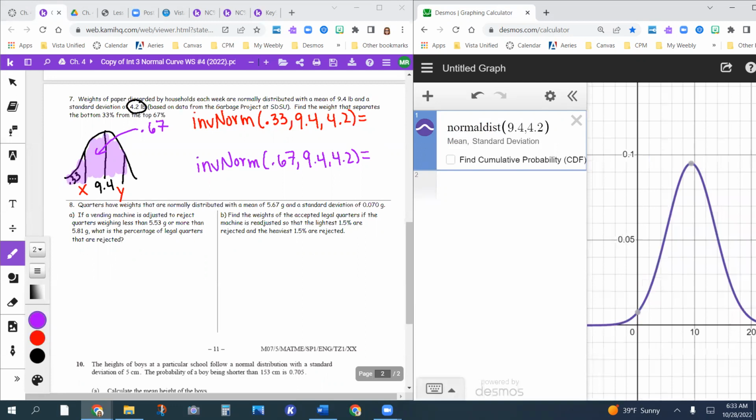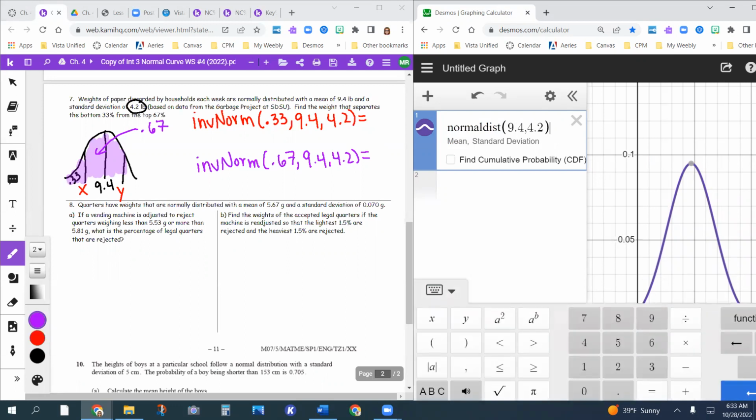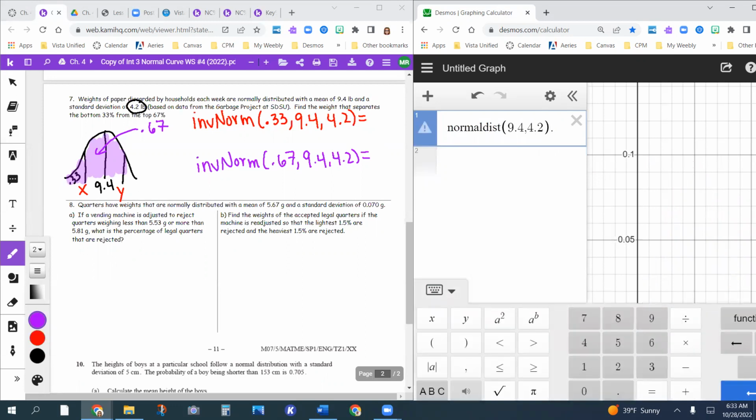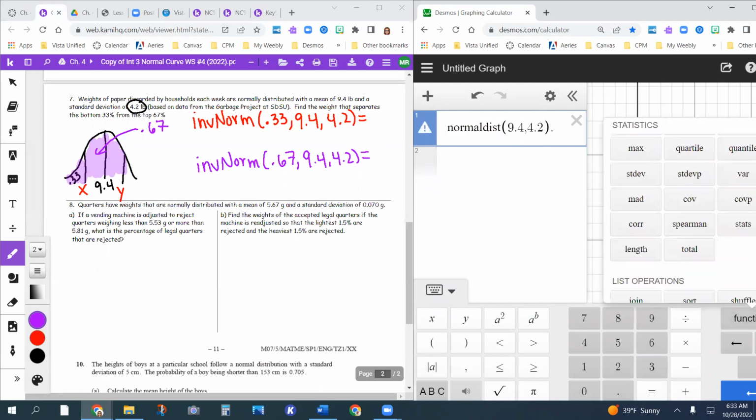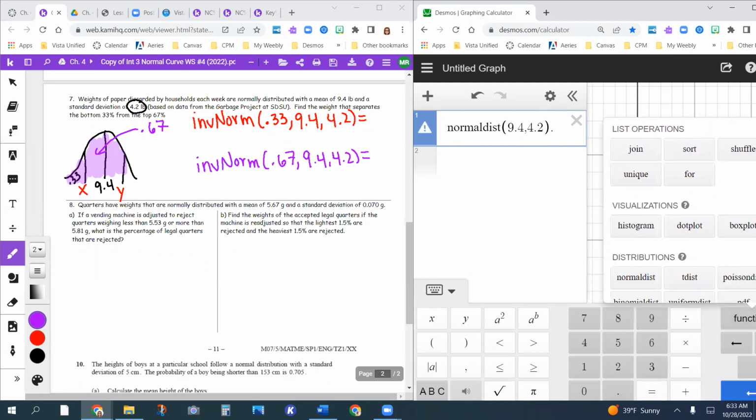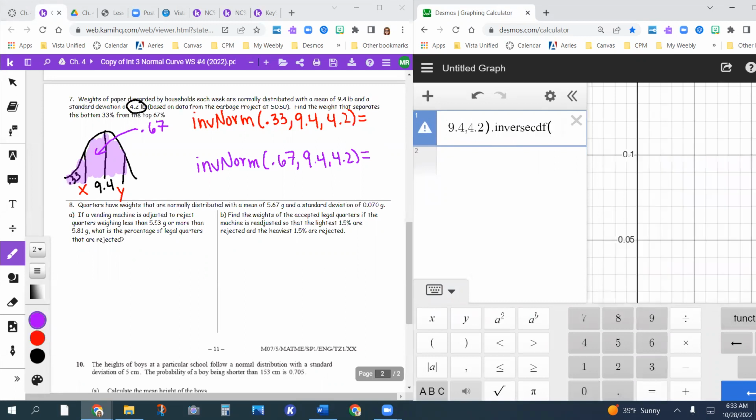Let me get that picture going. Then I am going to put in a point, and then I'm going to come get my inverse. I'll do 0.33 first.